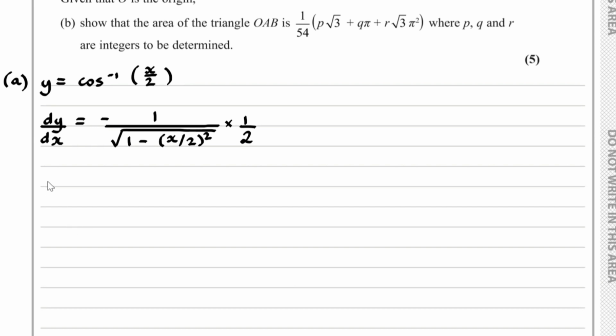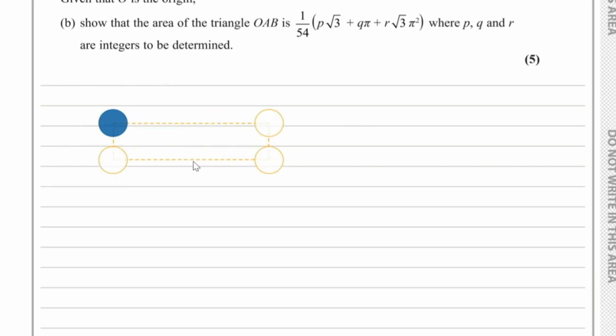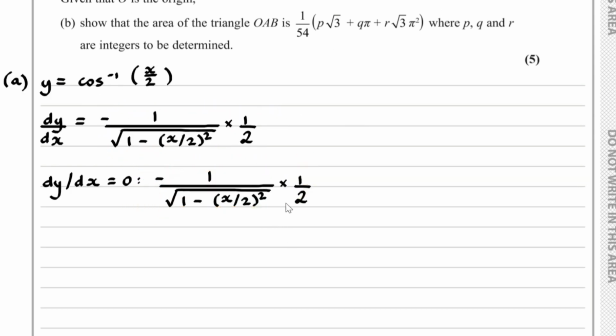And if we have a stationary point, that would imply dy over dx is equal to 0. So we have dy over dx, which is this, equal to 0.